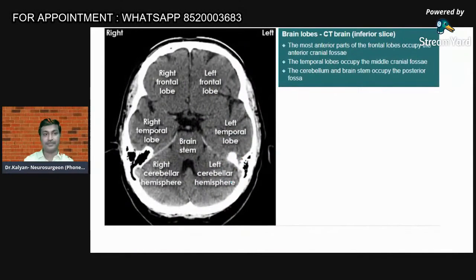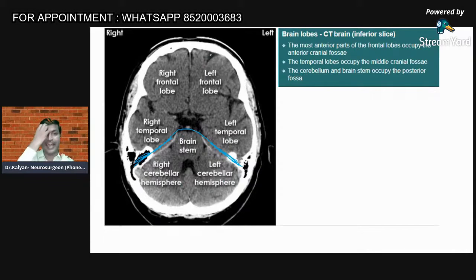First identify the petrous bone. This is your petrous bone. This is the mastoid air cells. The entire region behind the petrous bone is the posterior cranial fossa. What does it contain? It contains the brainstem and the cerebellum.